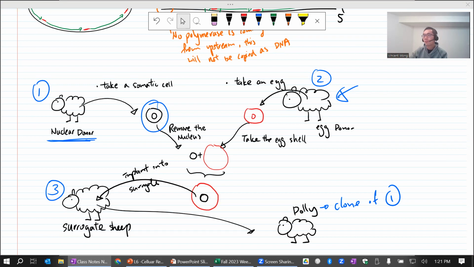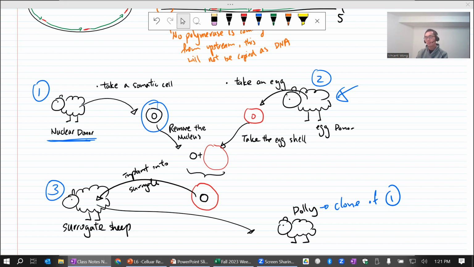So this means that if the nuclear donor was a year old, Dolly would have lived longer. Exactly, very good. Because it copied the genetic age of the donor. I don't think they repeated this experiment, but if they did and used a younger sheep, Dolly 2.0 would probably be able to live longer. Does that make sense?